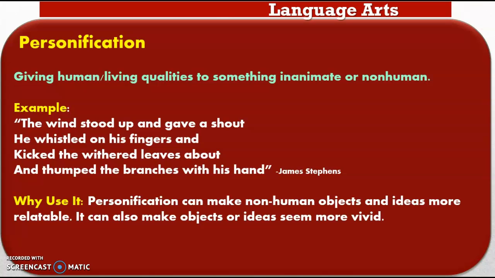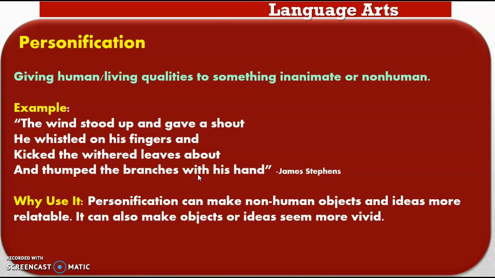That is when you give something that is an inanimate object or a non-human creature human-like qualities. So here is an example. The wind stood up and gave a shout. He whistled on his fingers and kicked the withered leaves about and thumped the branches with his hand.